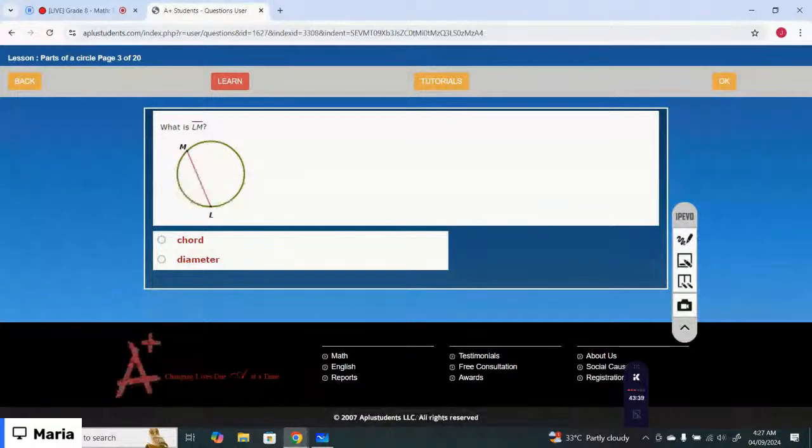What is LM, which is the correct option? The correct option is chord. LM is chord.